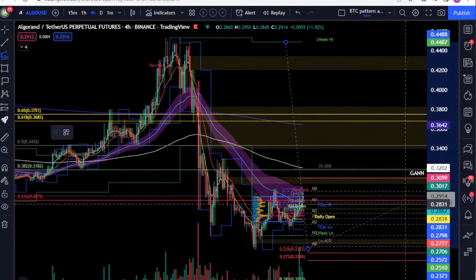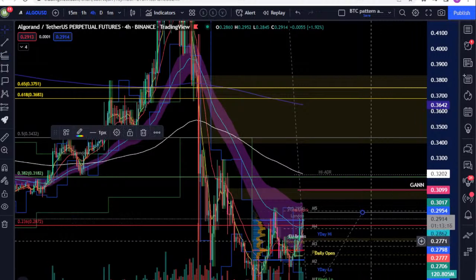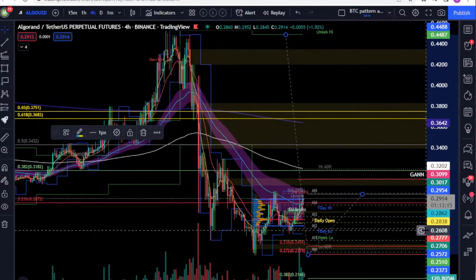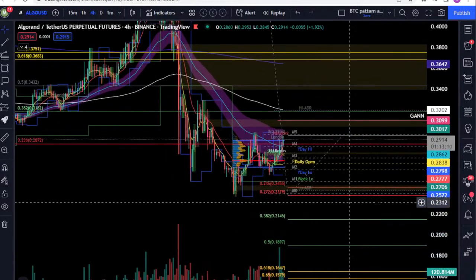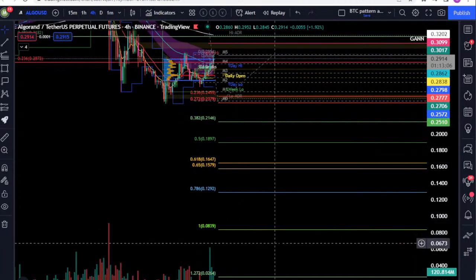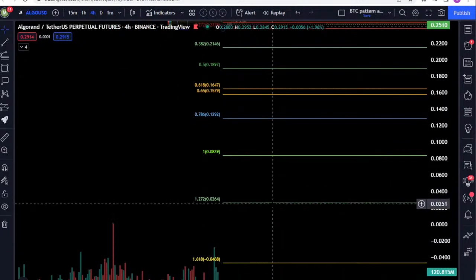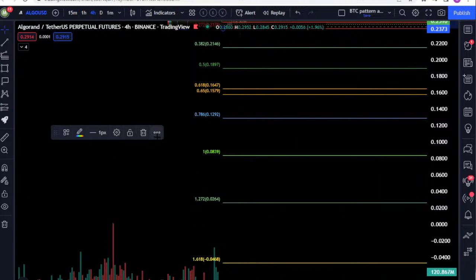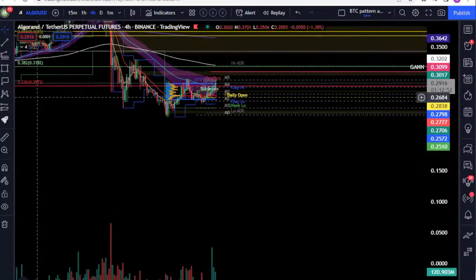If Algo is done with this move to the upside, then we could go as low as the 1-to-1 at 0.08, or even the 1.618, which is at negative, which I think won't happen. But 0.08 is very, very low. That's crazy.